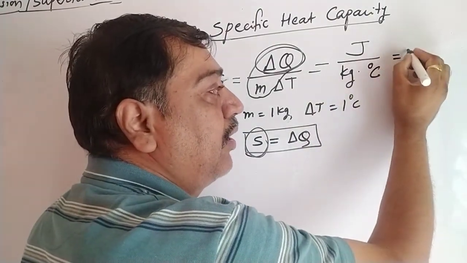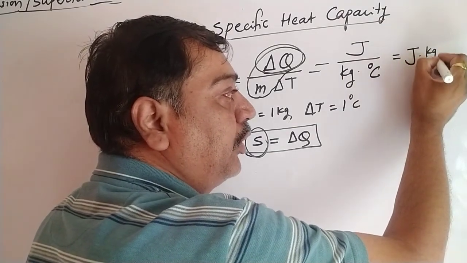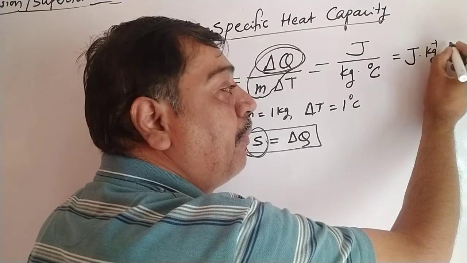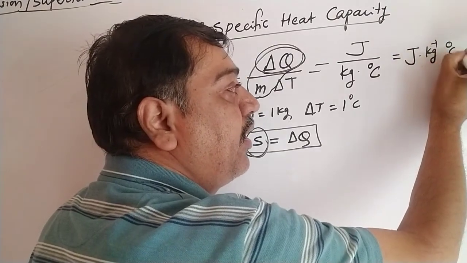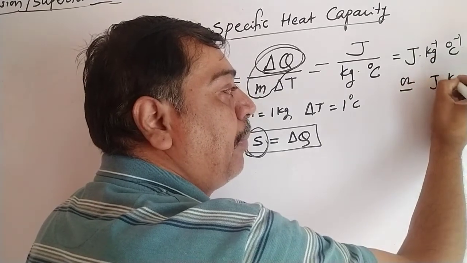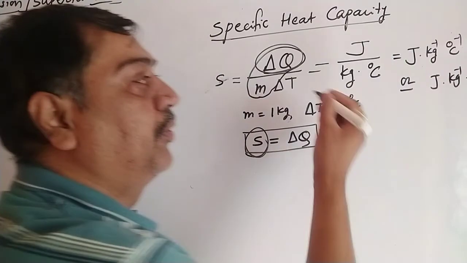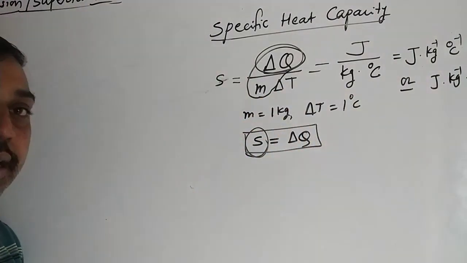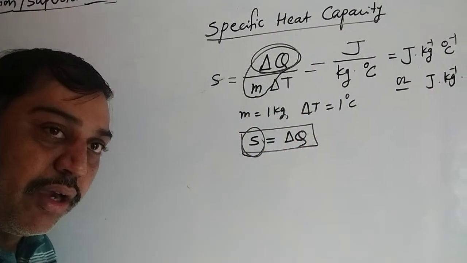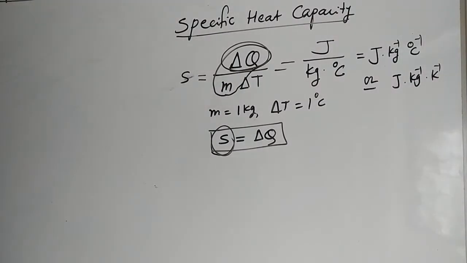So you can write here, the unit of specific heat is joule per kg per degree Celsius, or it is said to be joule per kg per degree Kelvin. This is the SI unit of specific heat capacity, or it is said to be the MKS unit.